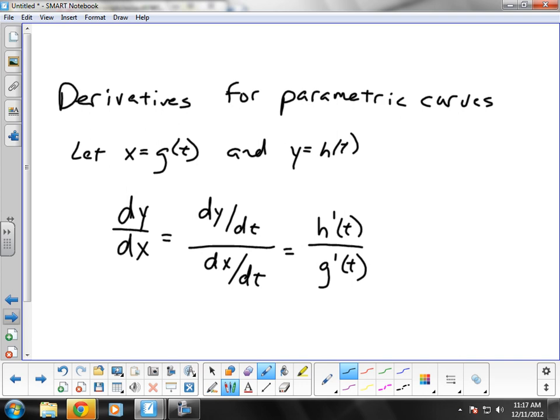Basically, I want the derivative of y with respect to x, and I take the derivative of the y function with respect to t and put it over the derivative of the x function with respect to t.